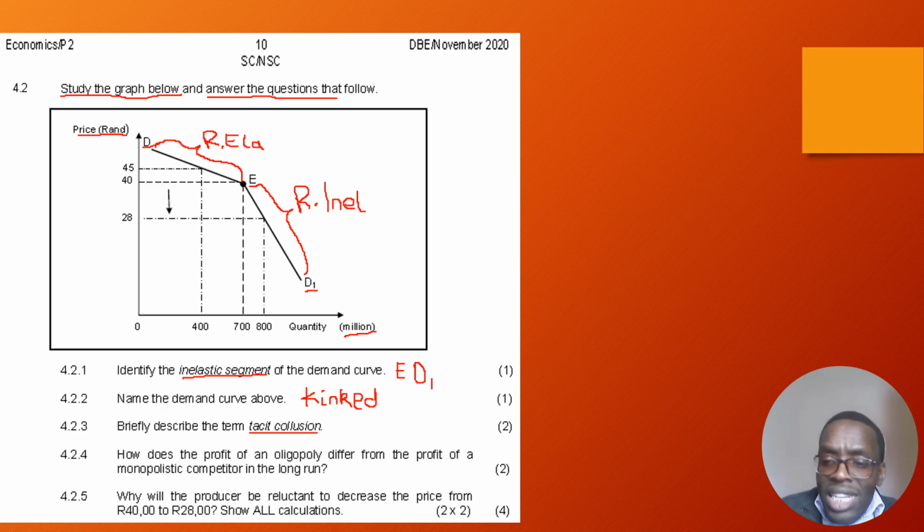Then the next one: briefly describe the term tacit collusion. When we say tacit collusion, this is a situation where the behavior of firms is motivated by an arrangement that is not formal.